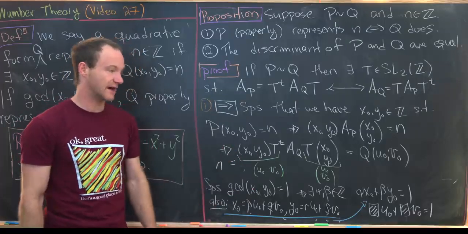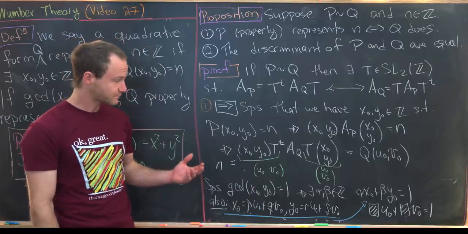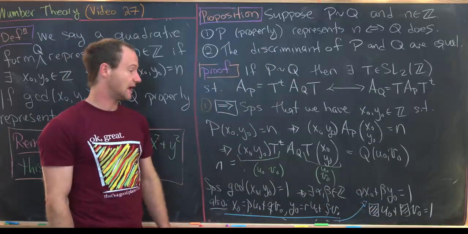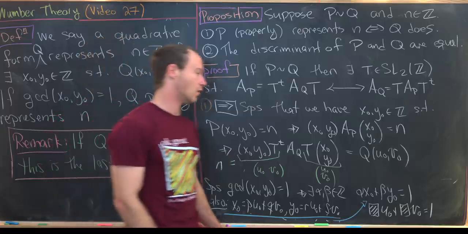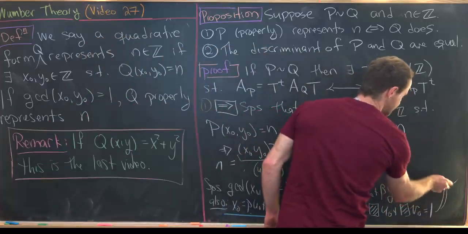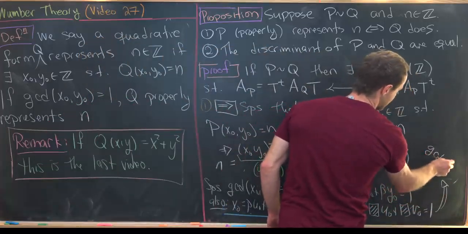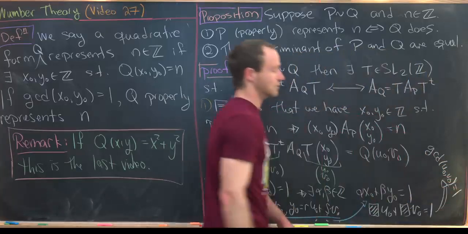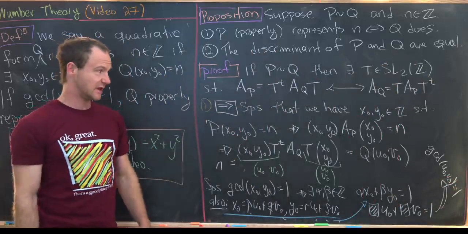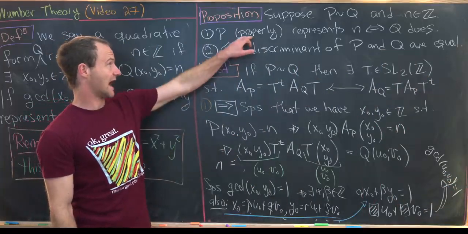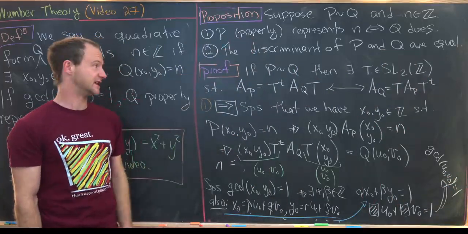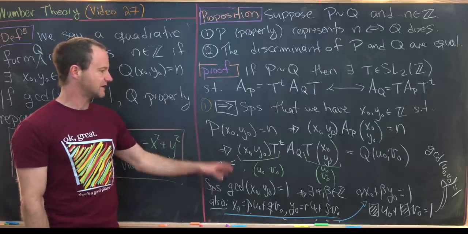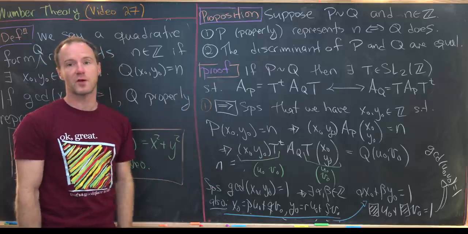It's just a bit of symbolic manipulation. But if we can take u naught and v naught, take an integer linear combination of them and get 1, then that implies from stuff that we did much earlier in the course that the GCD of u naught and v naught is equal to 1. But that GCD being 1 is exactly what we need to add properly to this representation of n by p. Okay, now let's maybe get rid of this bottom bit and we'll do the proof of part 2.